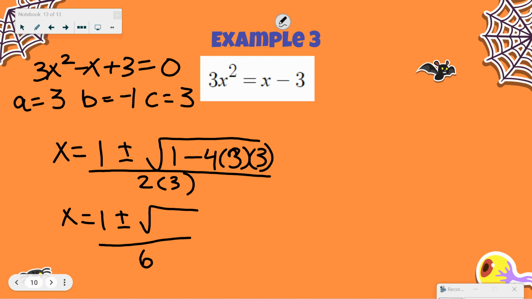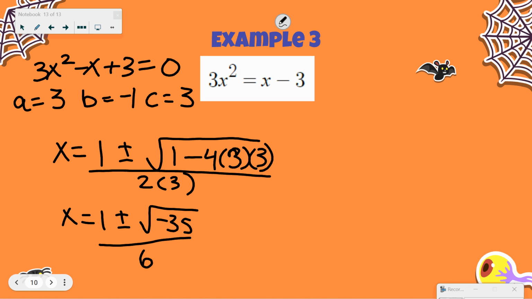Alright, so what did underneath that radical that square root simplify to? Negative 35. Good job. So I have negative 35. Are we done with our problem here? No. What do you guys think? I have a negative square root, so that means I still can simplify.